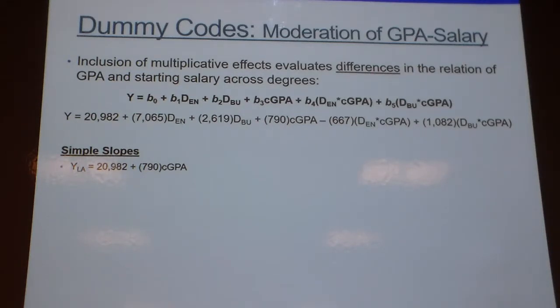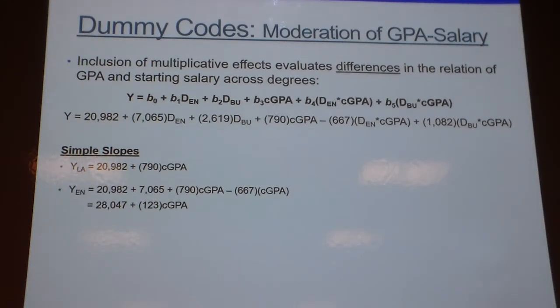And if I'm not a business major and I'm not an engineer, who am I? I'm a liberal arts person, right? That goes away. Here's a 0, that goes away. Here's a 0, that goes away. So by definition, my GPA coefficient here corresponds to the relation between GPA and starting salary for individuals who graduated with the liberal arts degree.